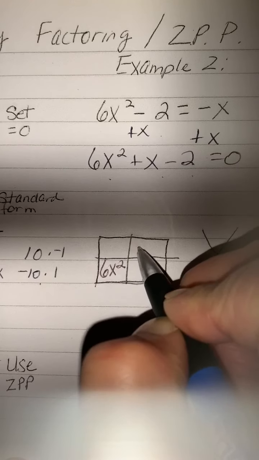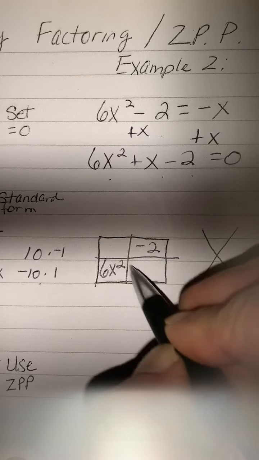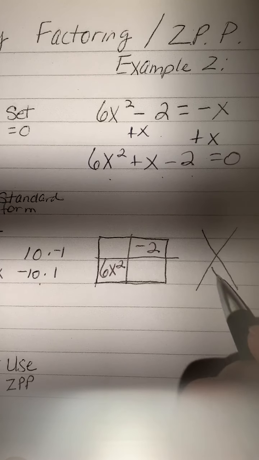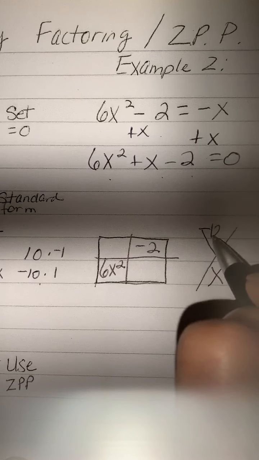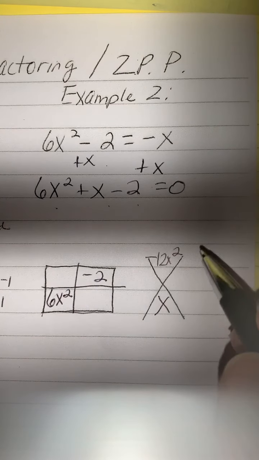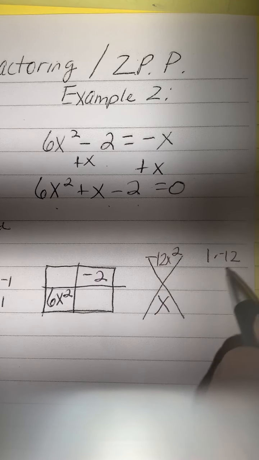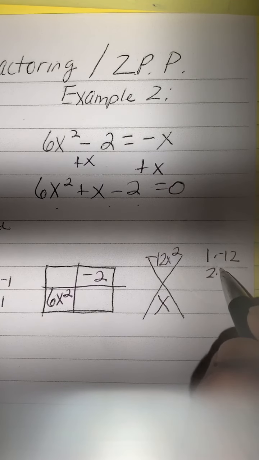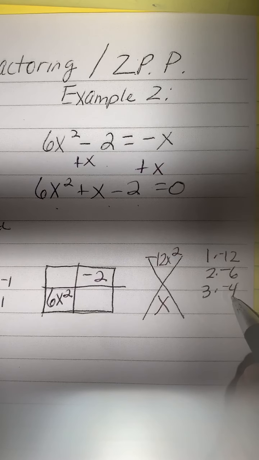The 6x squared goes here, the negative 2 goes there. And then remember, these two have to add up to x. So they add up to x, they multiply to be negative 12x squared. So I need to start thinking of factor pairs that make a negative 12, like a 1 times a negative 12, a 2 times a negative 6, a 3 times a negative 4.